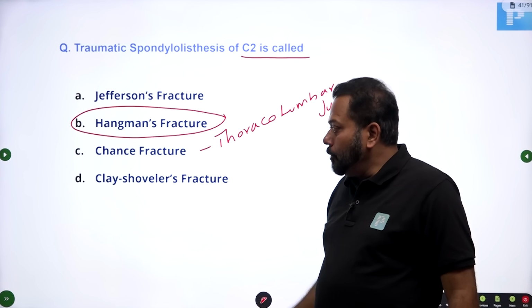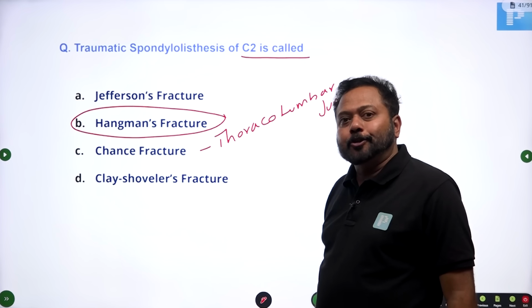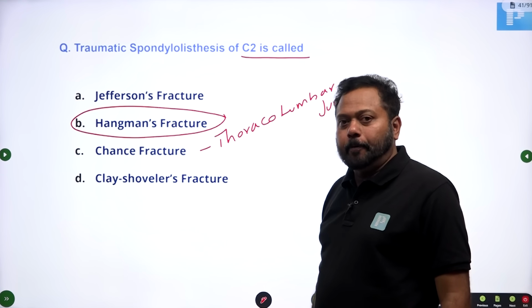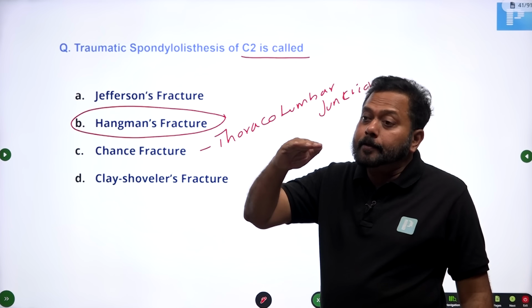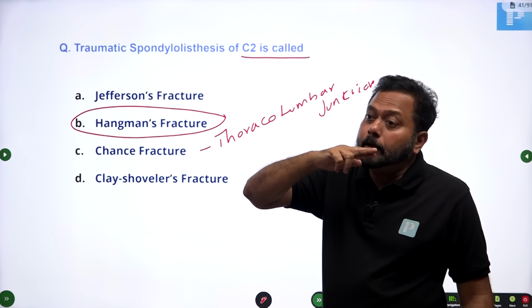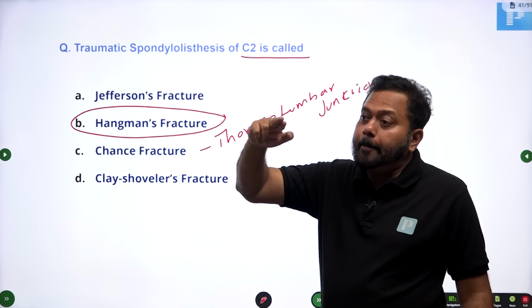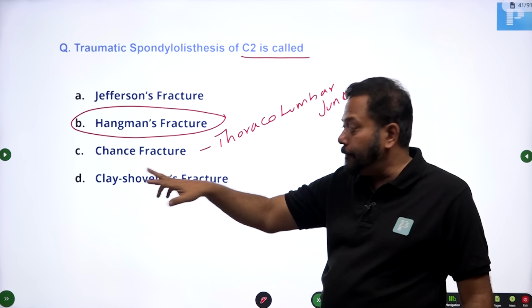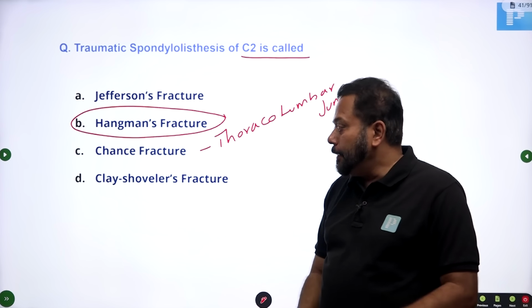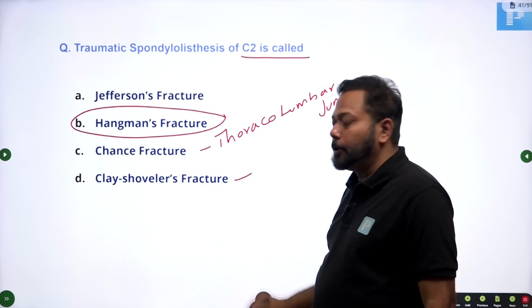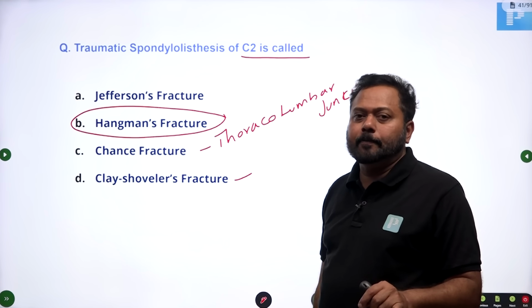Okay, so this is called chance fracture. It's a horizontal fracture, will involve all layers of the vertebra. It will cross the vertebral body, lamina, pedicle, and spinous process, everything. So it's called a chance fracture. This should be stabilized.